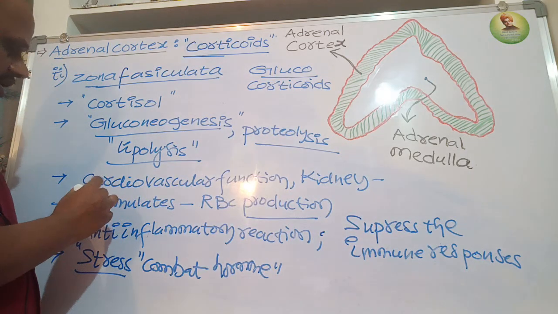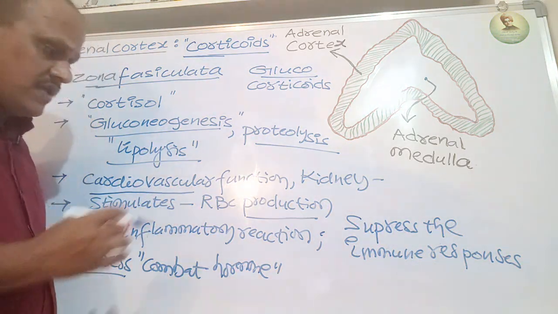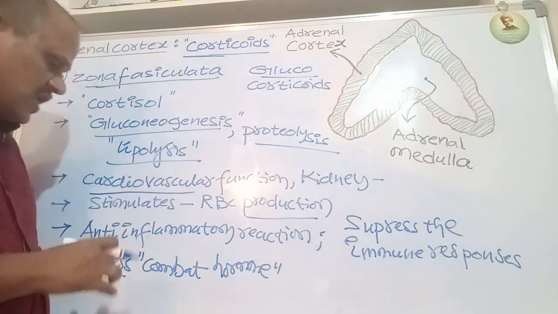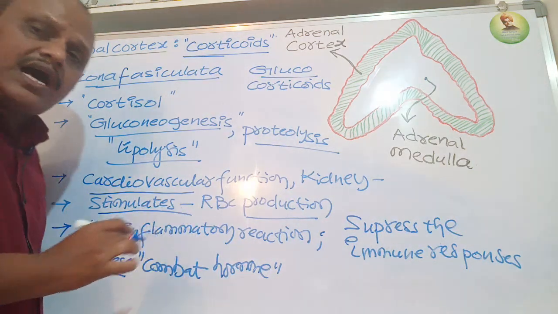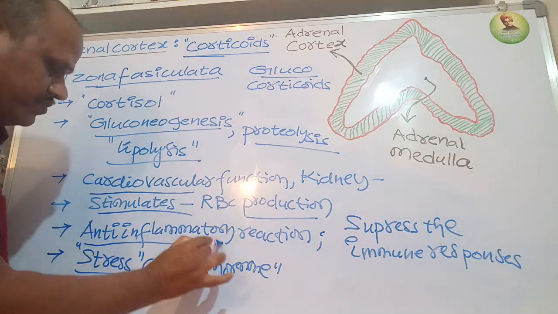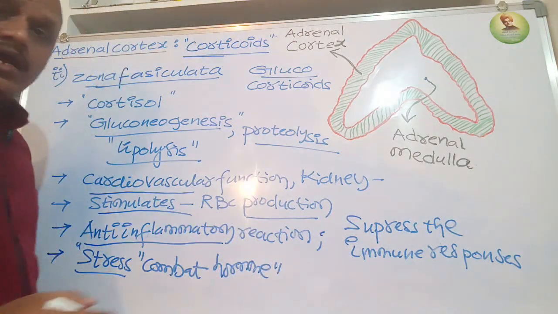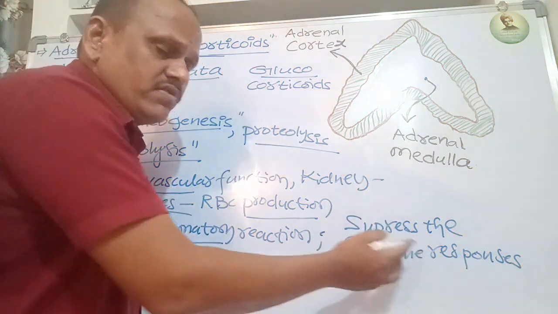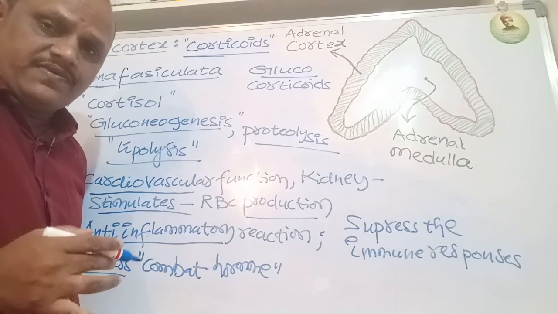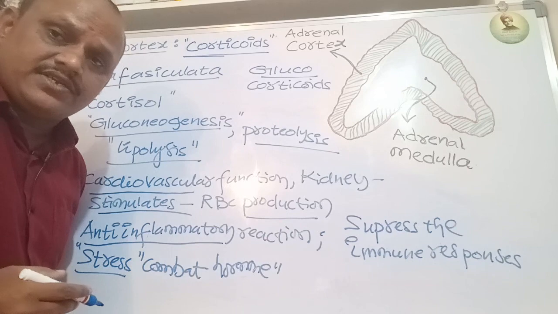It regulates heart and kidney functions, stimulates RBC production, meaning erythropoiesis, generates anti-inflammatory reactions, and suppresses the immune responses in the case of tissue or organ transplantation. Cortisol is considered a stress combat hormone.